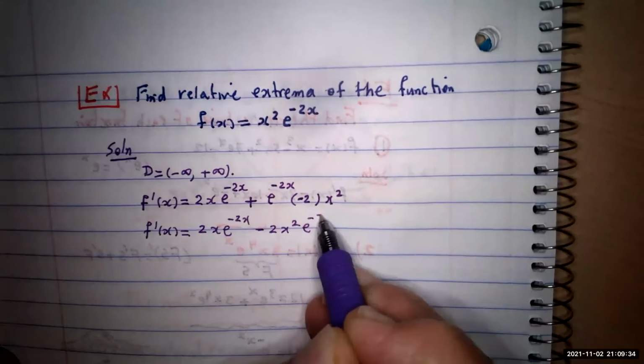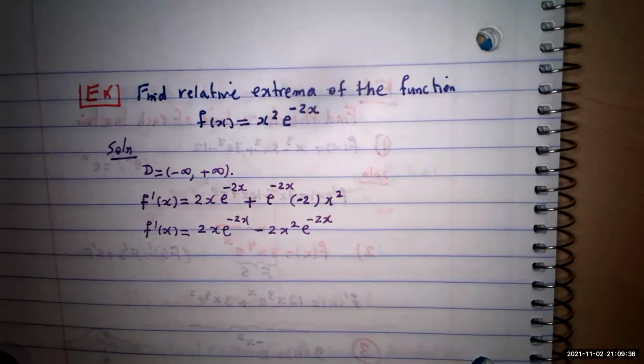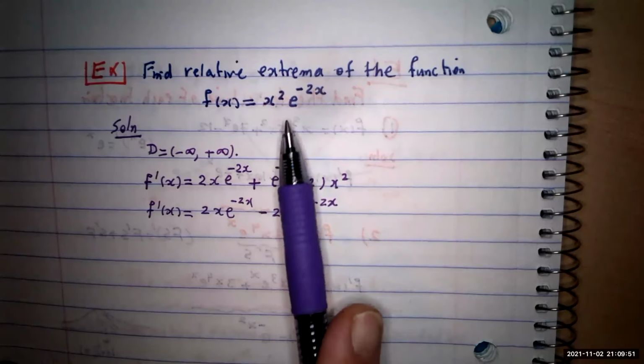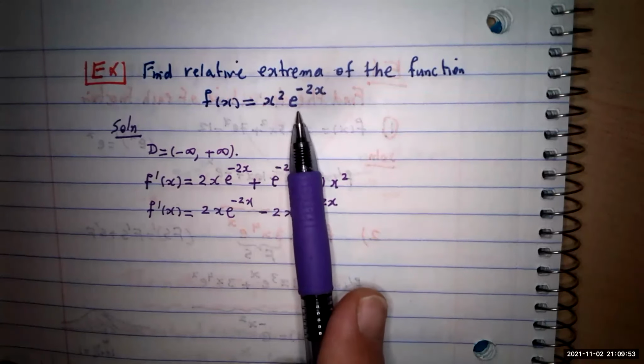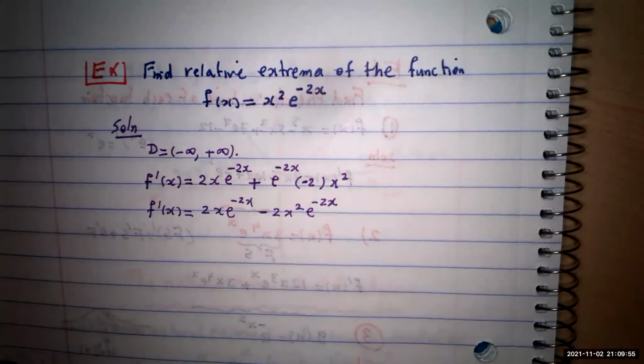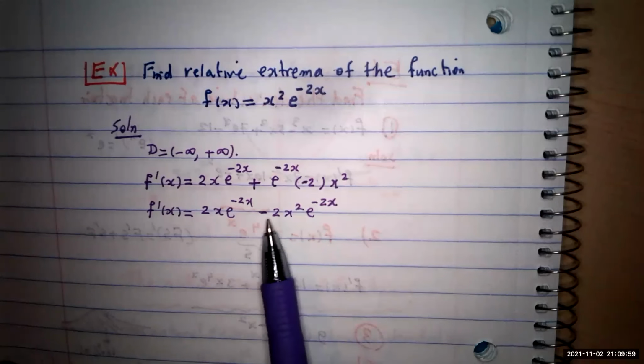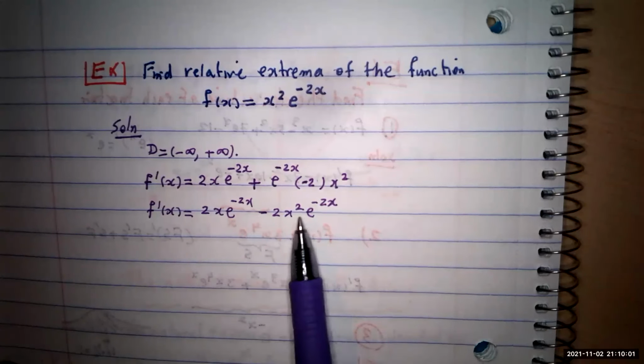e to the negative 2x. You see, this is going to be the nature of f prime of x. Now you want to let it equal to 0. There is one property of this function that's going to be very useful for you. Because the derivative of the exponential function is the same, there is always a possibility to pull out this exponential function as a factor.